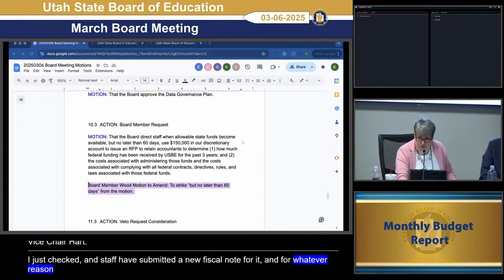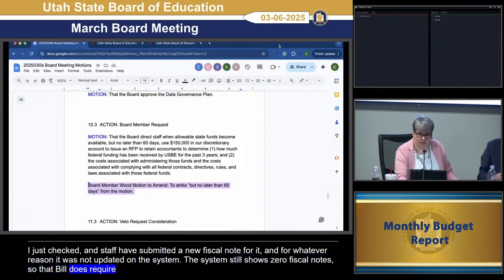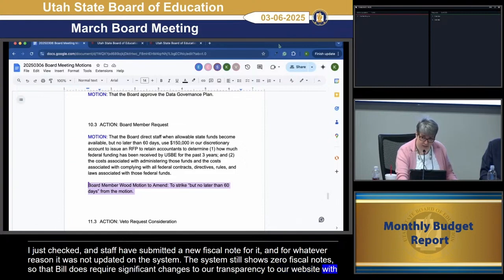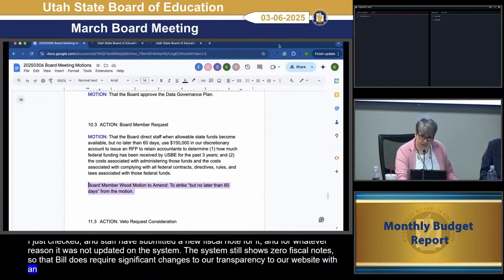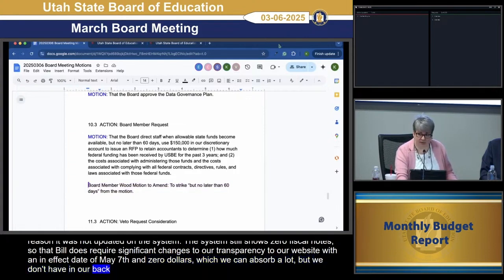The system still shows zero fiscal note, so that bill does require significant changes to our transparency, to our website, with an effective date of May 7th and $0, which we can absorb a lot, but we don't have in our back pocket a web designer. We have a lot of very talented staff, but not people that can design very elaborate websites.